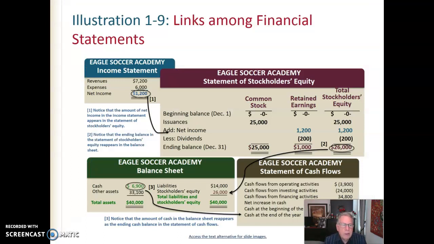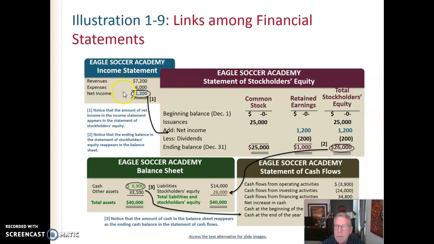Okay, this is especially an important slide, so I want to be sure you get this. We do these financial statements in a specific order. We do the income statement, then the statement of stockholders' equity, then the balance sheet, then the statement of cash flows. And we do that for the following reason.